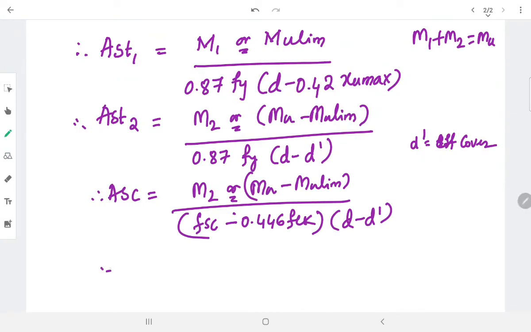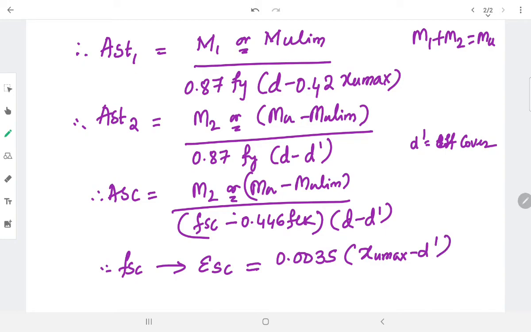The value of fsc depends on epsilon sc, and we get it from a chart in SP16. Based on that, I find the value of fsc. To calculate epsilon sc, there is an equation in IS 456: 0.0035 into xu max minus d dash, divided by xu max.